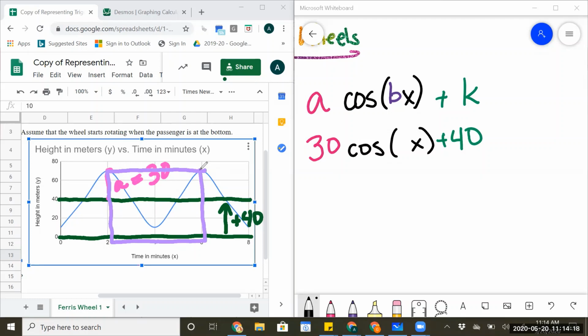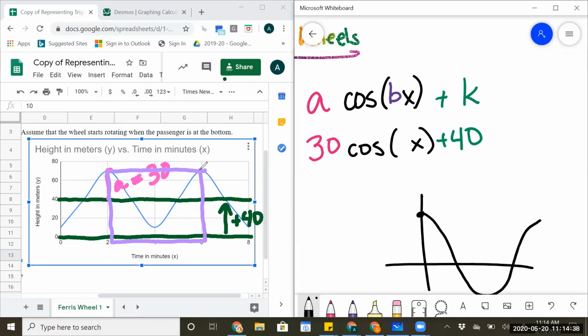Before I continue, I do want to make one little point here. Let's remember what our cosine graph looks like, right? So just to do a quick sketch down here, this is my XY axis. Cosine graphs look like that, right?